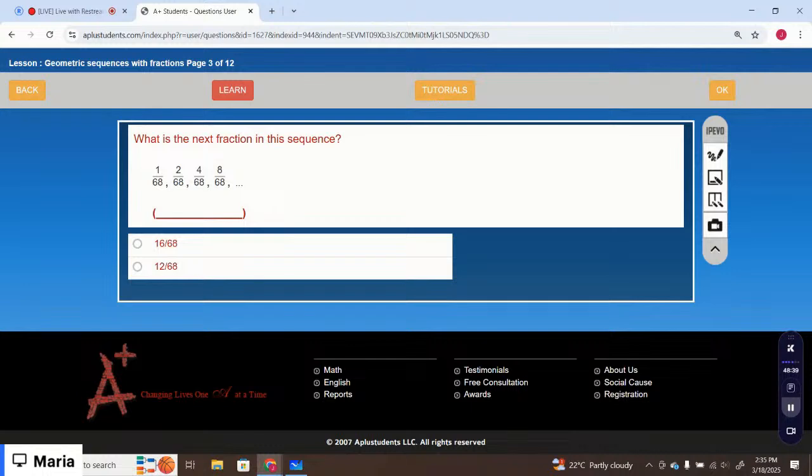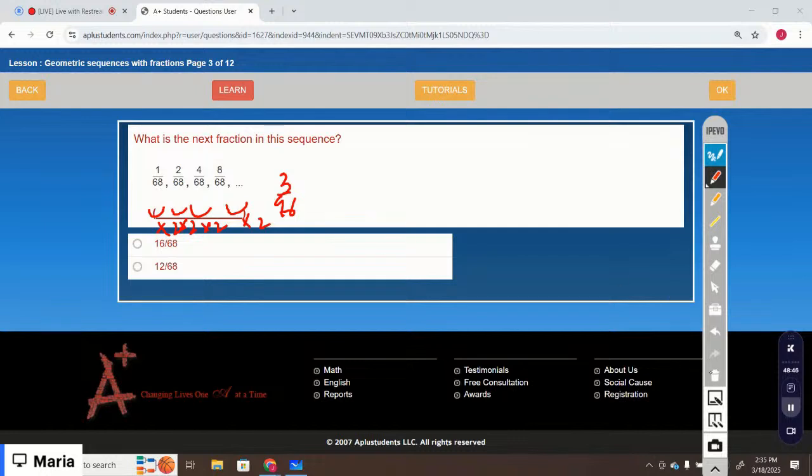What is the next fraction of the sequence? That is 1 times 2 is 2, 2 times 2 is 4, 4 times 2 is 8, and the next one is 8 times 2 is 16.